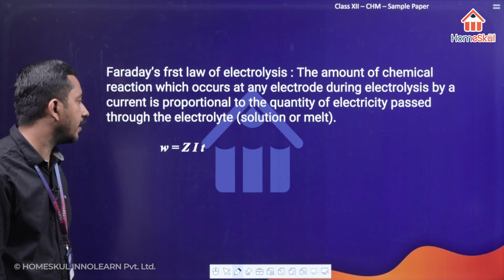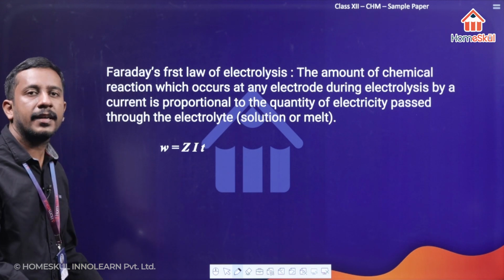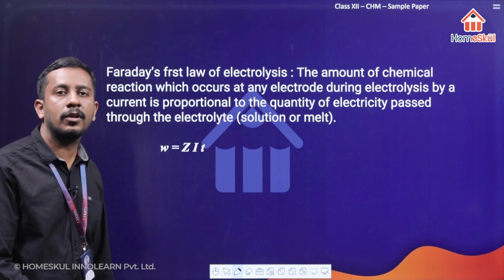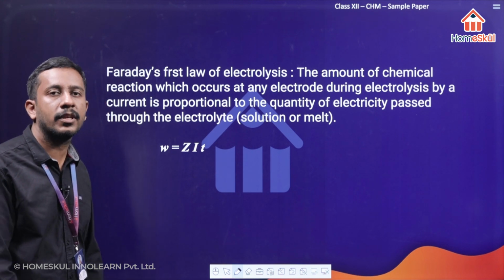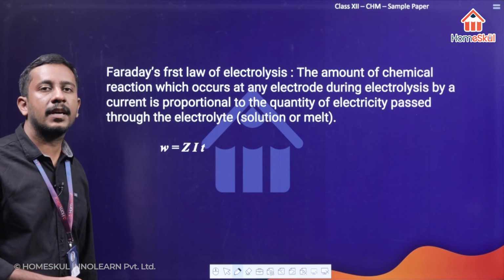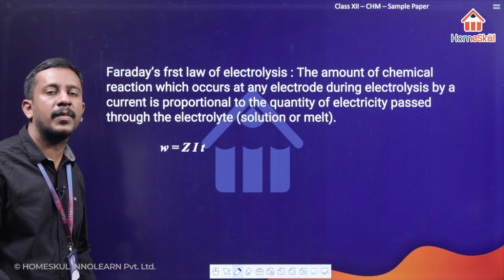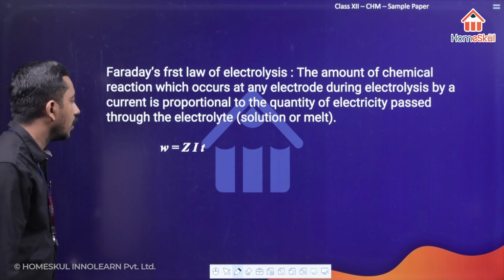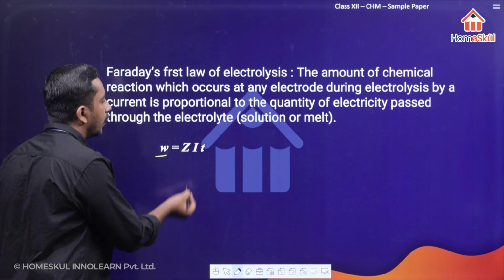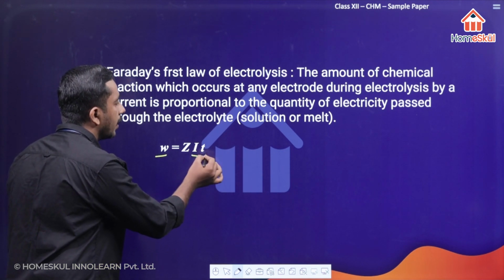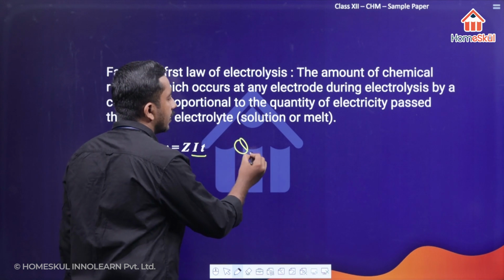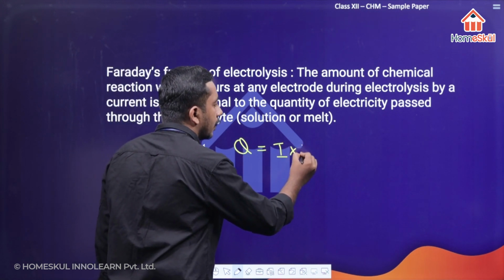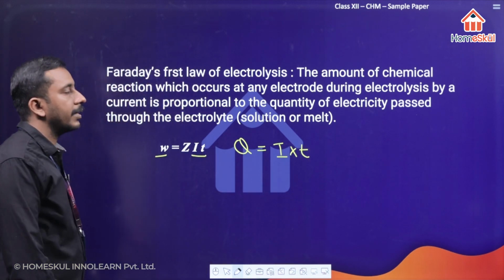So mathematically we can write that the weight of the product that is obtained at a particular electrode will be proportional to the total amount of charge that is passed through the solution. So greater the amount of charge that is passed, greater the amount of material that will be deposited or liberated at a particular electrode. So weight of the substance that is obtained, W, will be equal to Z into I into T. Know that the total charge that is passed, Q, can be written as a product of current and the time period for which that particular current is passed.